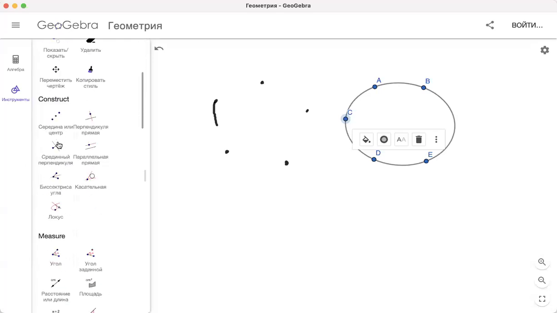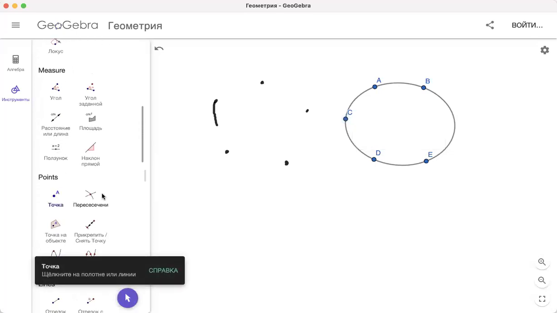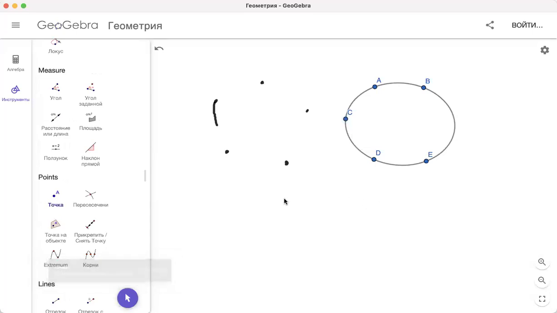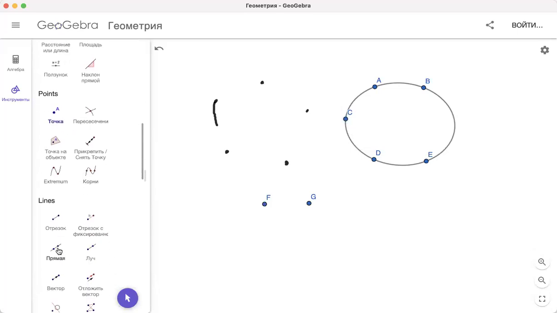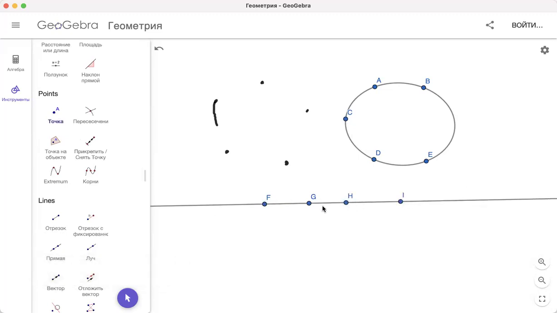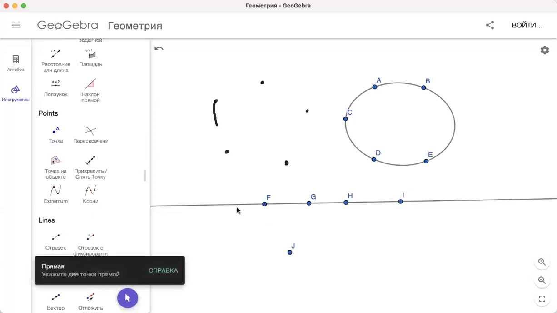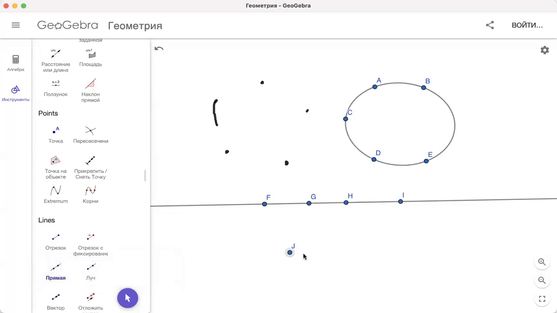But there is some bad situation when we have 4 or more points lying on the same line. For example, if you have four collinear points, then you have infinitely many conics passing through these 5 points, because you can rotate this line.